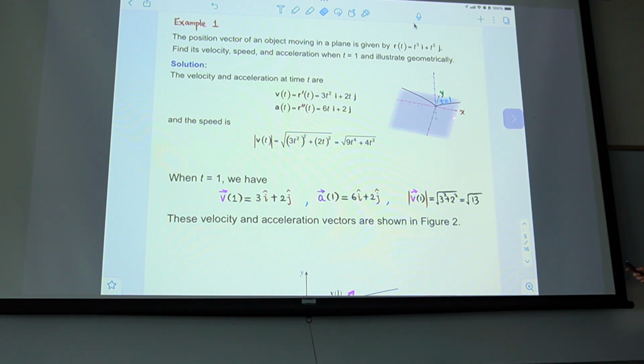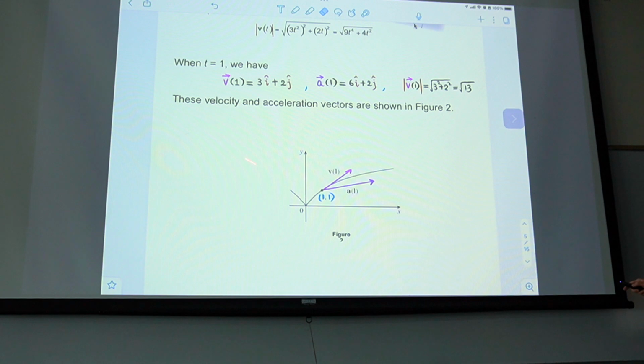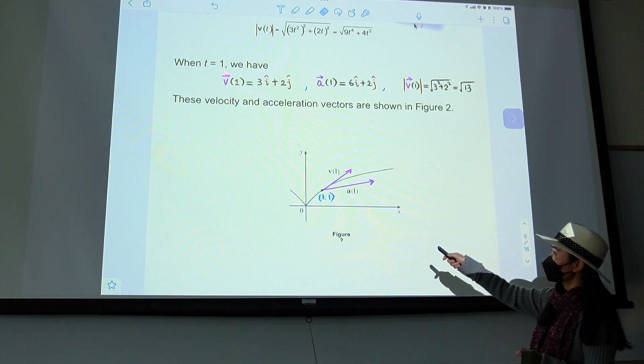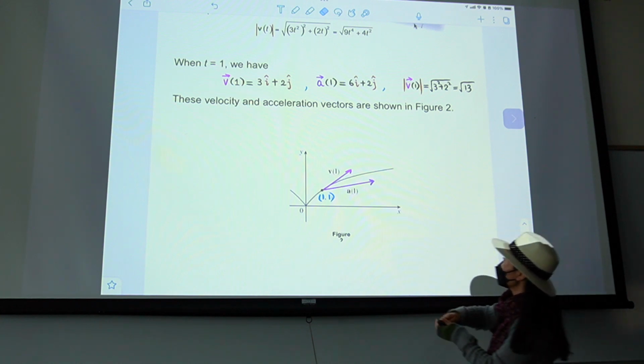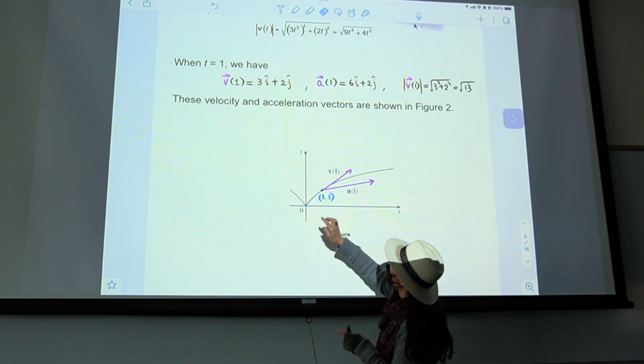Then what happens when t = 1? t = 1 is at this point (1, 1). If you're looking at the xy plane, (1, 1) is right there. And the velocity vector at t = 1 will be this one over here. How do you draw it?